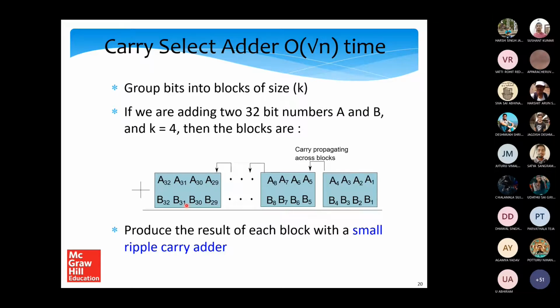So in the first stage, it will perform parallel additions, but with two different circuits. One circuit takes the input carry as 0 and the other circuit takes the input carry as 1.